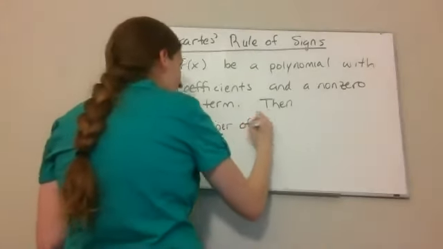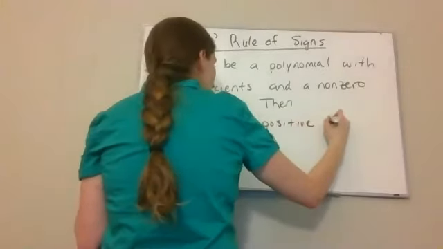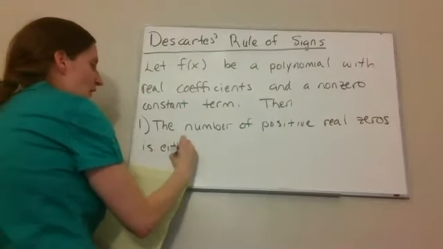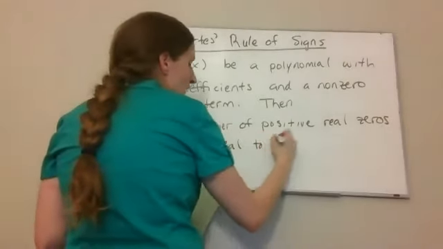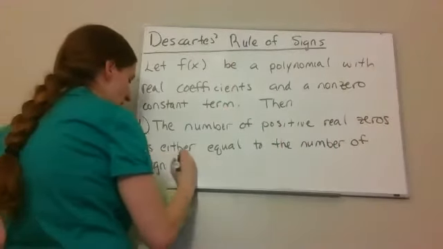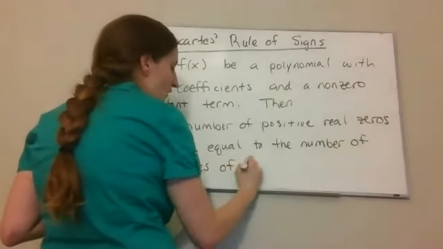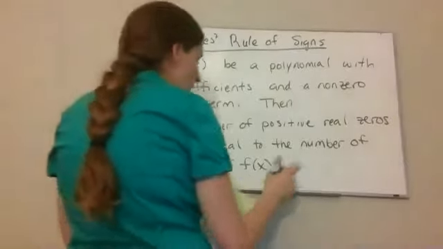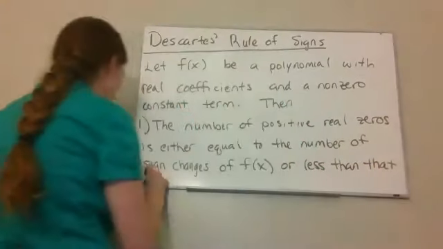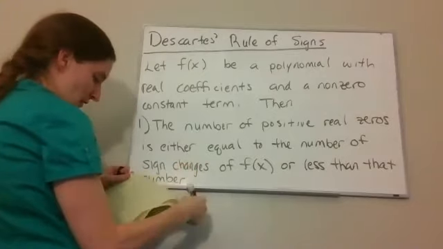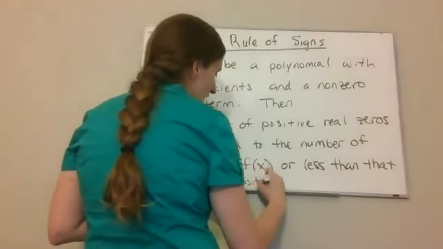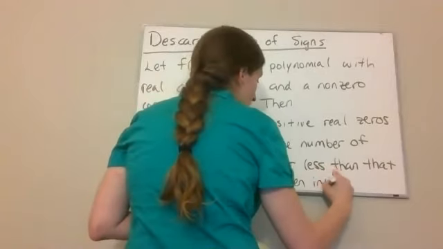The number of positive real zeros is either equal to the number of sign changes of our polynomial, or less than that number by a positive, even integer.